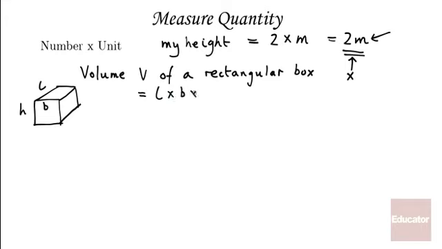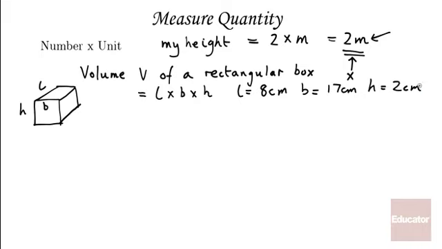breadth times the height. Let's suppose we have a box of which the length is 8 centimeters, the breadth is 17 centimeters, and the height is 2 centimeters.